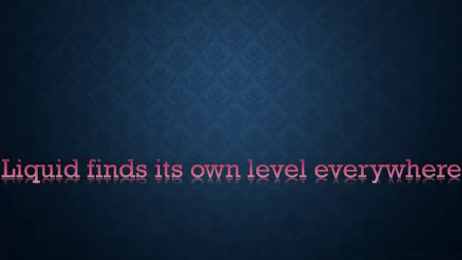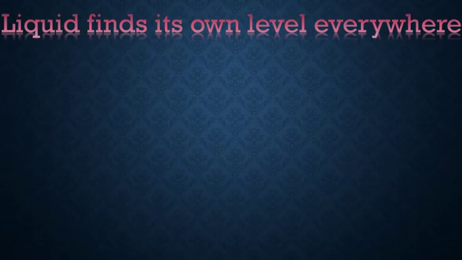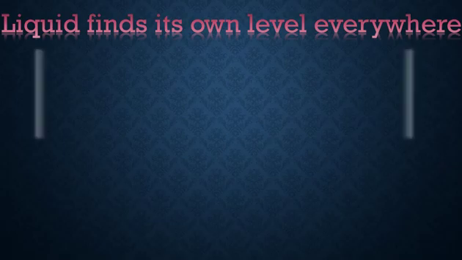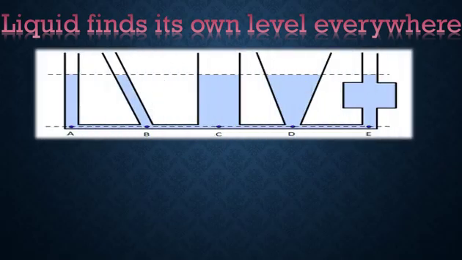Well, the next is liquid finds its own level everywhere. See, this is a property of the liquid. As you can see here, I have taken a few tubes of different shapes and sizes which are connected to a common tube here. Okay, let me show you. Here, as you can see, this is the common tube with which these different shapes and size tubes are connected.